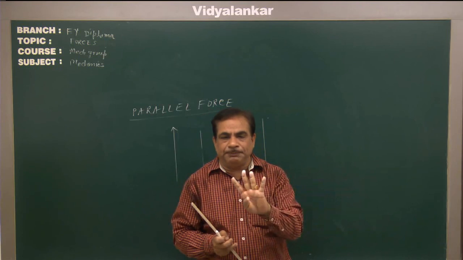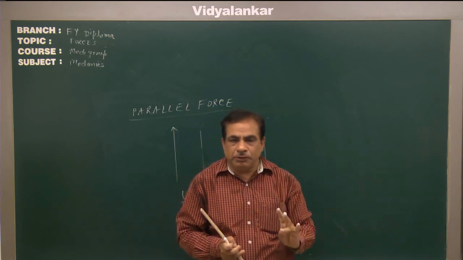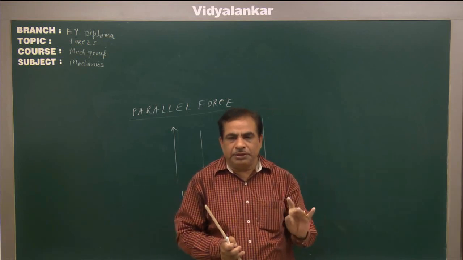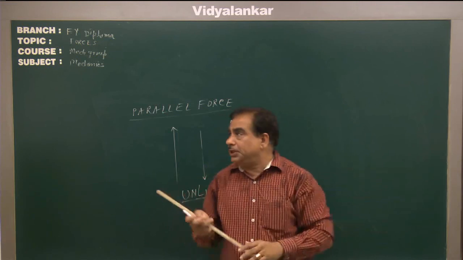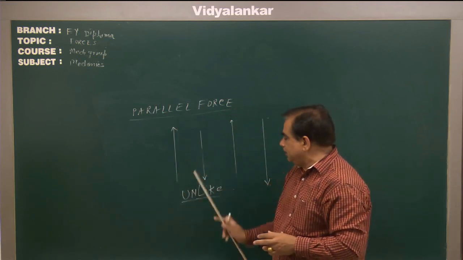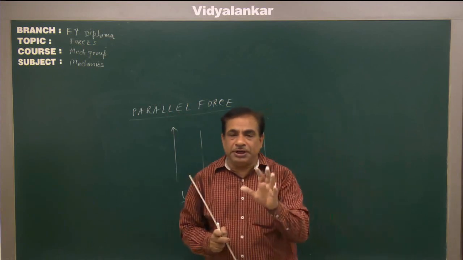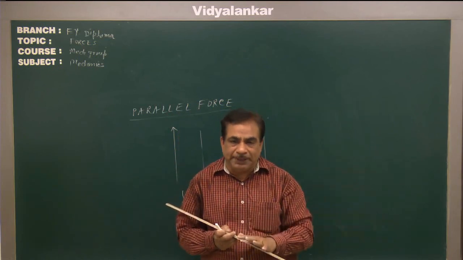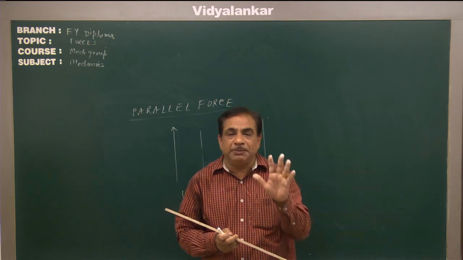There are four types: collinear, concurrent, non-concurrent, and parallel. In case of parallel, there are two types, like parallel and unlike parallel. If you remember the names, you are able to explain the definition as well as the diagram.